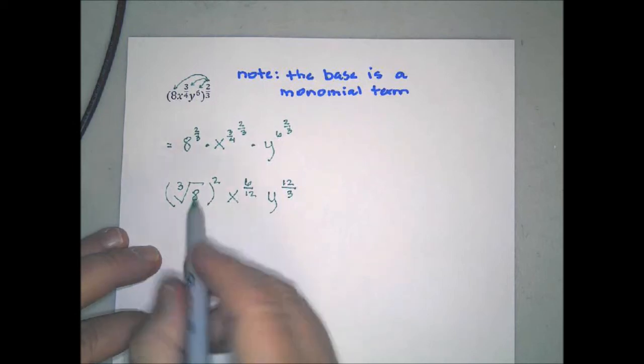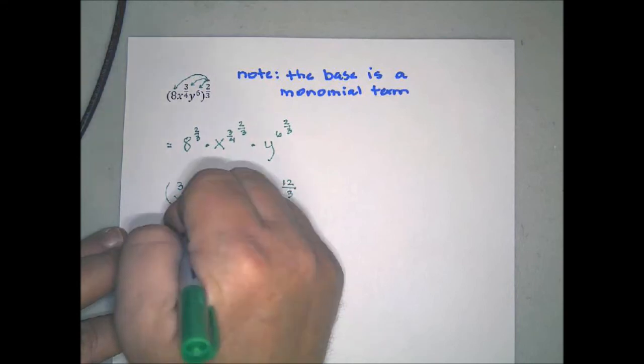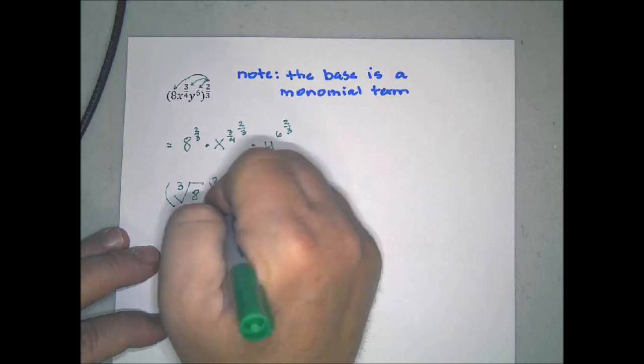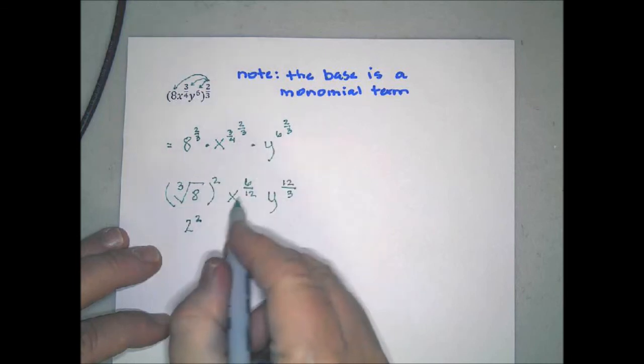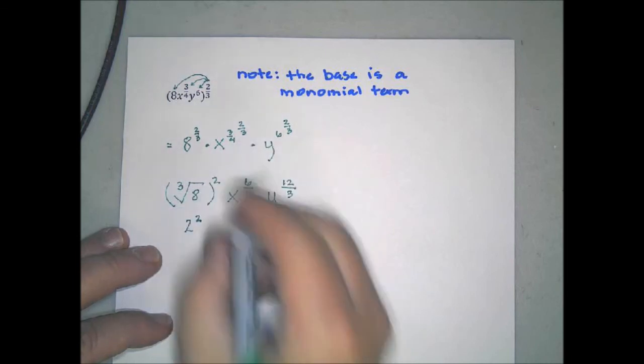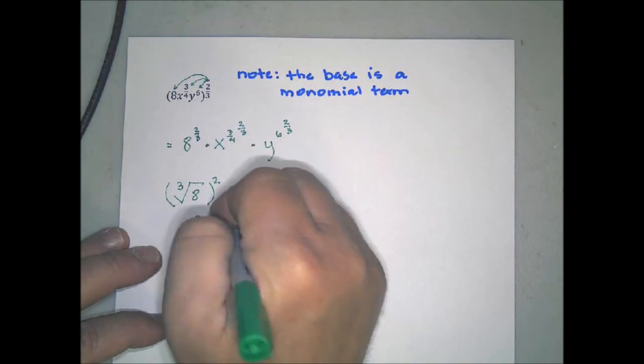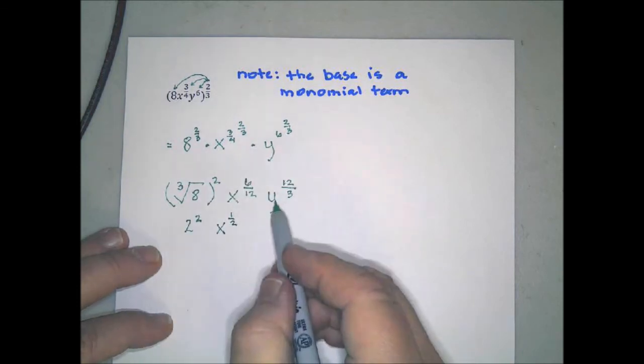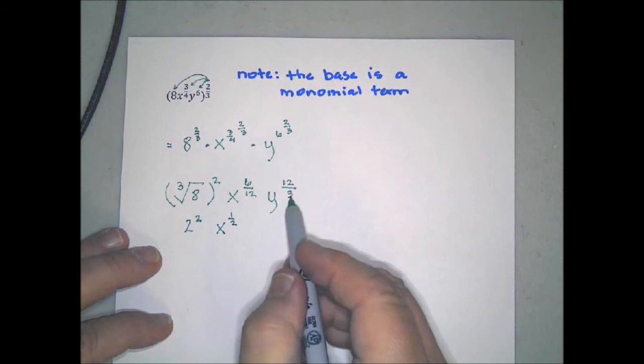Now, we can reduce or simplify these. The cube root of 8 really is 2. So this would be 2 squared. The next part of the problem, 6 over 12 is 1/2. And then this part of the problem, 12 over 3 is 4.